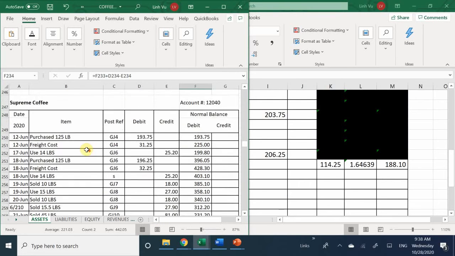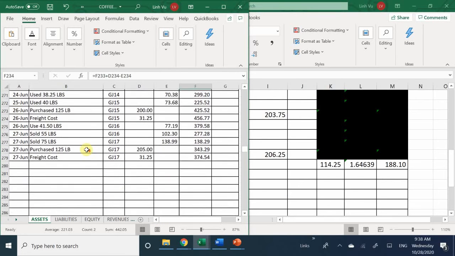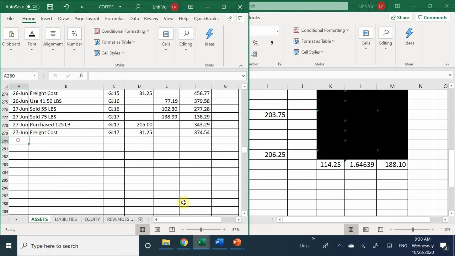Now we have to update our Supreme Coffee. It'll be June 27th. Used 41.5. Okay, good. Used. General Journal 18. And we're going to credit for 76.78.